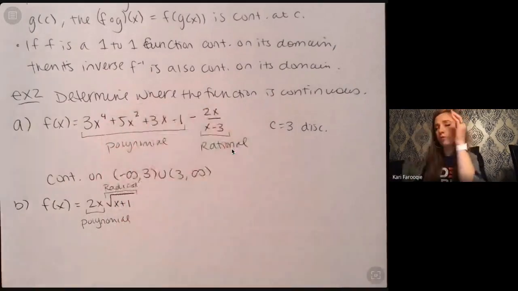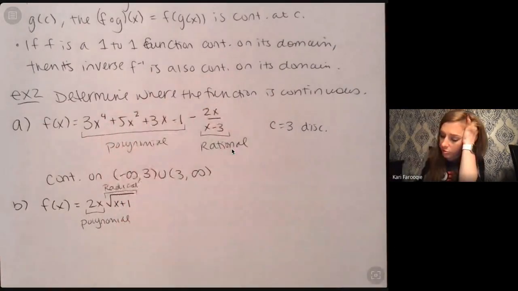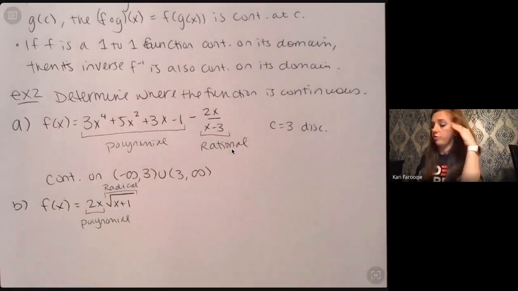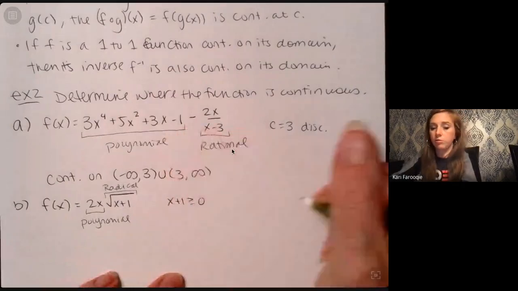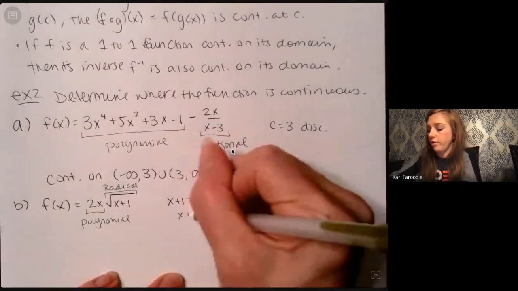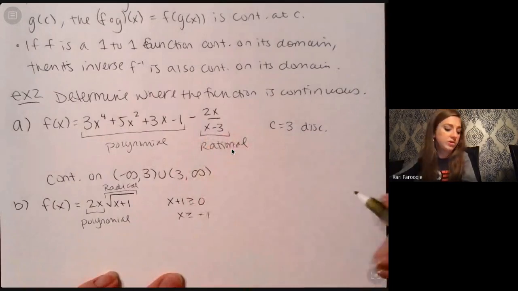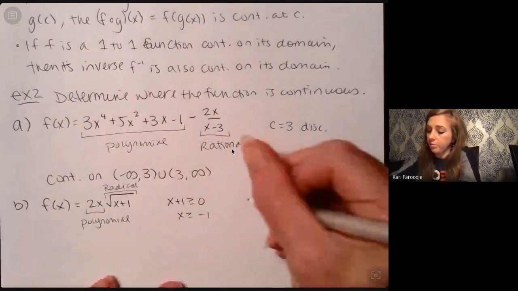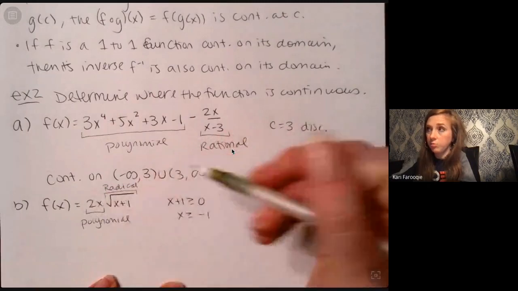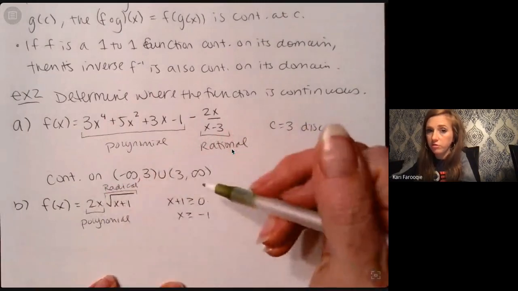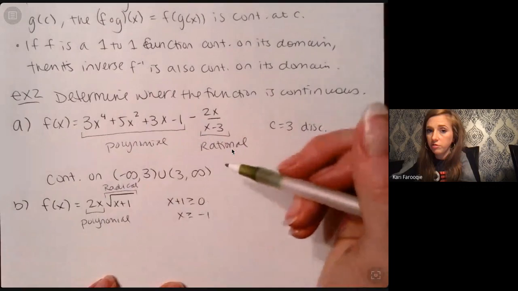Well, for the radical function, we need to exclude any value that's going to cause the radicand to be less than 0. So we need to force that radicand to be greater than or equal to 0. And that means that x has to be greater than or equal to -1. So my polynomial is going to be continuous everywhere. I know that the product of two functions is going to be continuous on their respective domains.